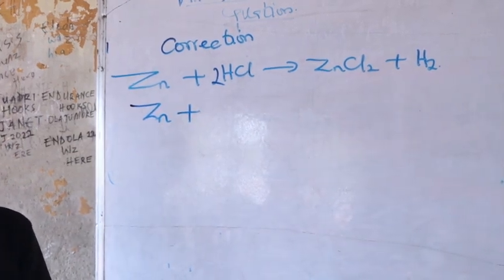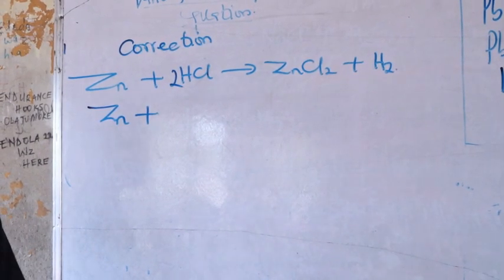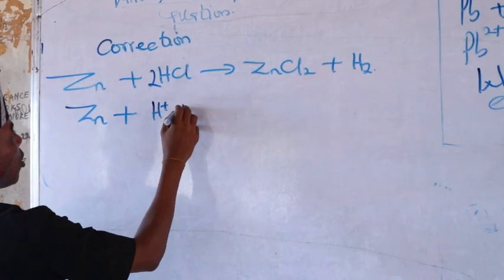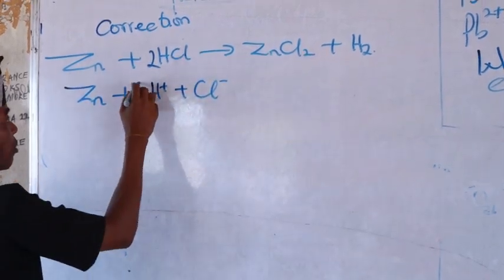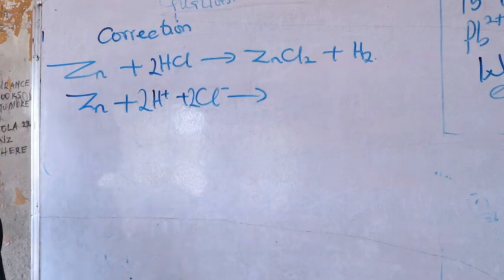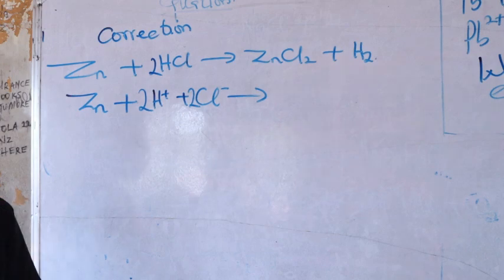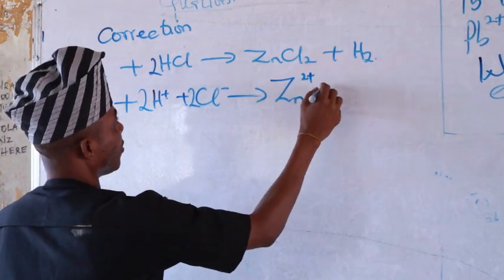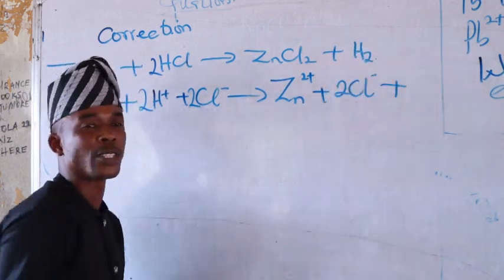HCl is an example of a strong acid, so it will dissociate into hydrogen ion and chloride ion. But there are two molecules of this, so we are going to have two hydrogen ions and two chloride ions. Zinc chloride, is this a strong electrolyte or a weak electrolyte? It's a strong electrolyte, so it dissociates into zinc ion and two chloride ions. And of course, hydrogen is a gas.